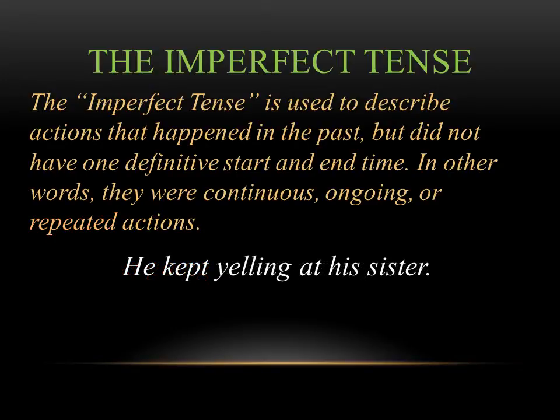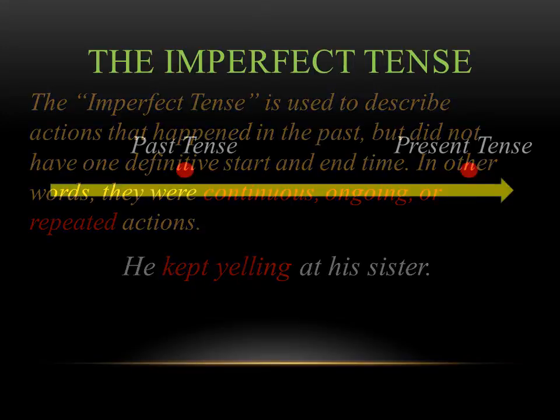And the last example we want to look at is he kept yelling at his sister. Now the kept yelling here is our verb. And again, it's continuous, ongoing, or repeated. Because it wasn't just one particular time that he was yelling at his sister. It was an ongoing thing. He did it over and over again. This is what we're talking about when we use the imperfect tense.